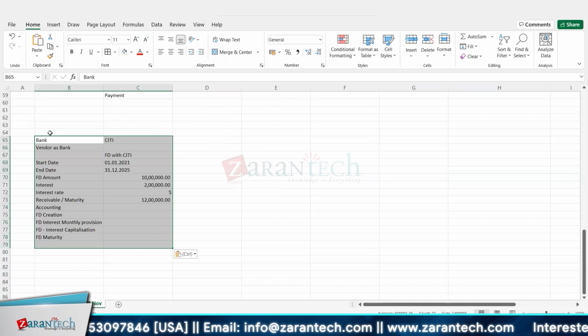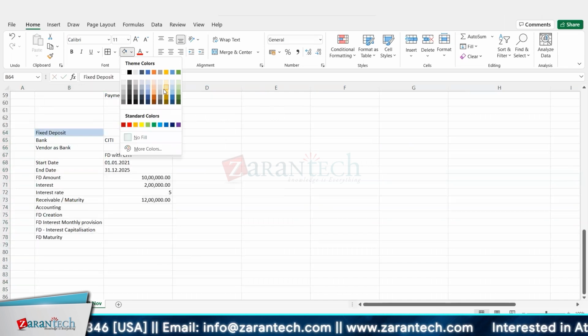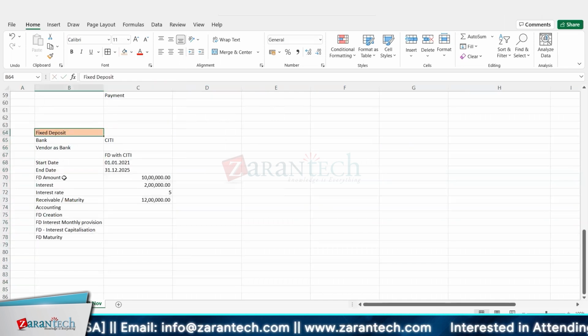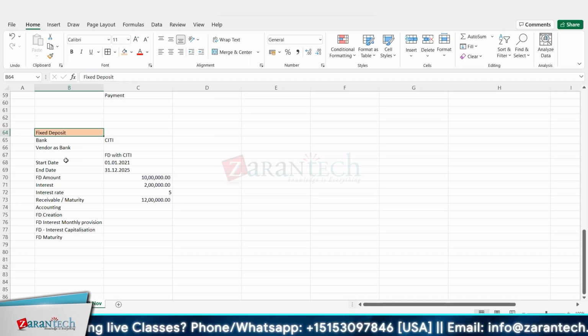For the fixed deposit, we have discussed the different information we need from the SAP system. Now we need to understand how the system will be able to give us all this information from SAP, from Treasury and Risk Management.